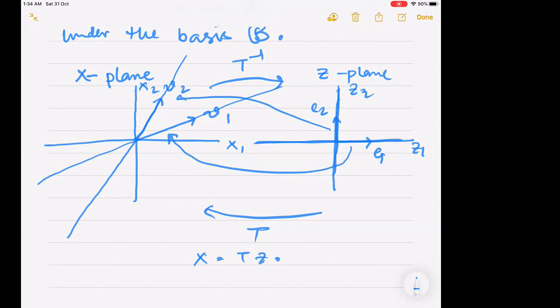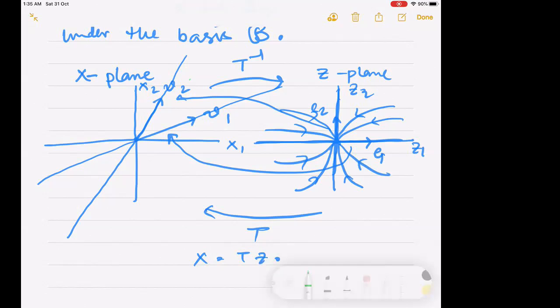Now in this plane, if the dynamics is, let's say, a stable node, then it's going to look like this, like before, as we have seen. When it gets mapped here, it's going to look like a distorted version of the same.